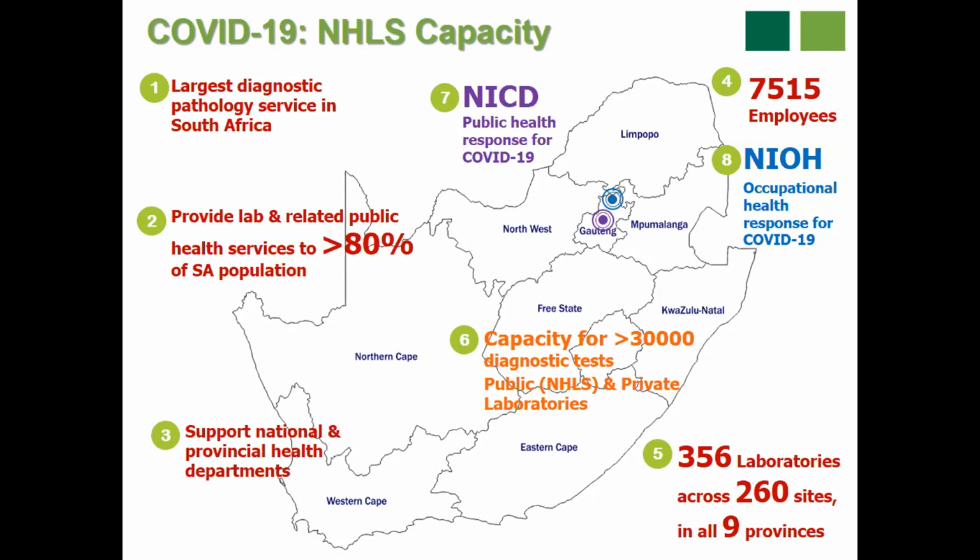The bottom section shows you the 356 laboratories across 260 sites in all 9 provinces, administered through 6 regional offices of the National Health Laboratory Services. The NHLS has a capacity for diagnostic tests of over 30,000. That's a significant capacity, and it's important for this particular capacity to be maintained and for this resource, its continuity and its capacity, to be guaranteed.